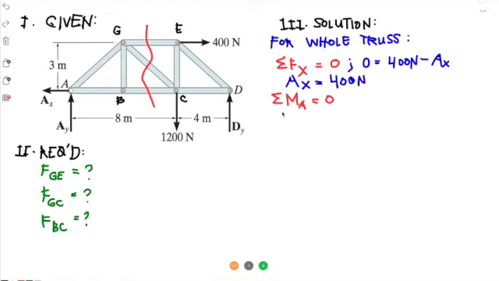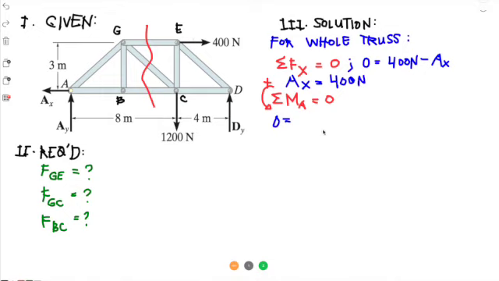So summation moments along A, so we are dealing with 1, 2, and 3 forces only. Okay, so summation moments at A must be equal to 0, so that's 0 equals, let's put the assumption here. The assumption would be the counterclockwise moments are positive, so we are looking for counterclockwise moments first for our equation. So 0 is equal to, which are counterclockwise moments? That is the force DY, right?